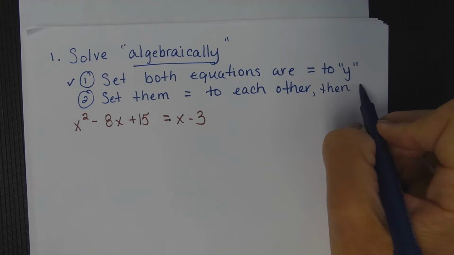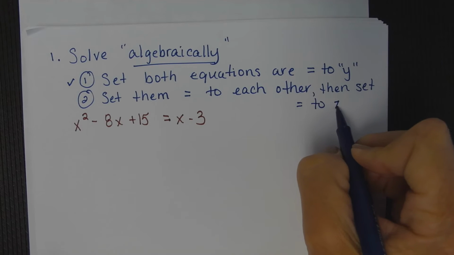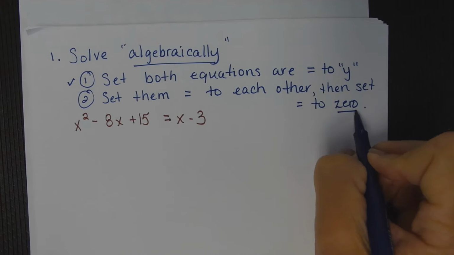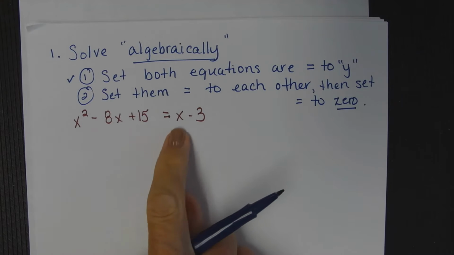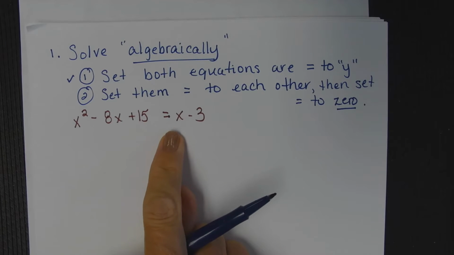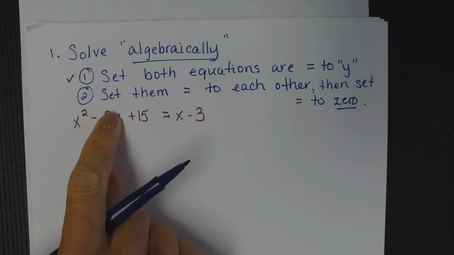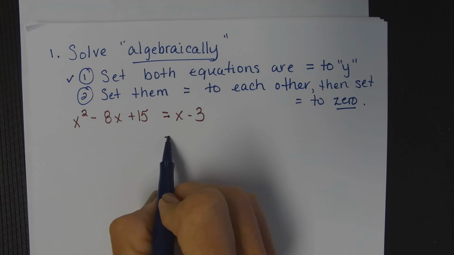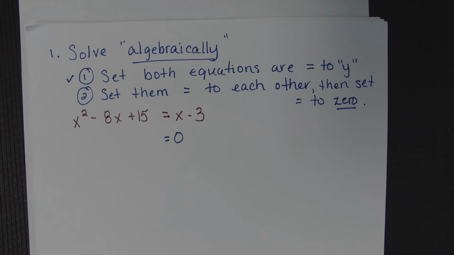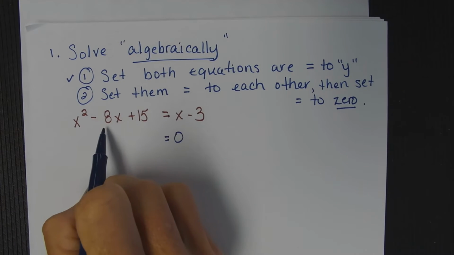Then set equal to 0. All that means is these two terms, where am I going to move them? Like, over there. I need this equal to 0. So this x is going to get moved over here.